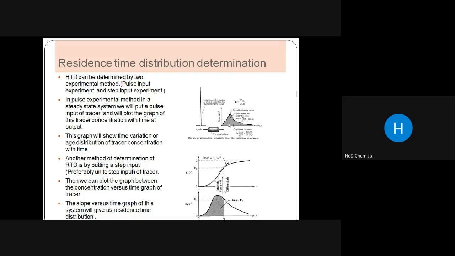The areas under the peaks we can count as the number of squares. Based on the number of squares, that is equal to the integral from 0 to t of C dt. In other ways we can write it as the summation of C into the time intervals. So from the pulse input method we can determine the E curve.